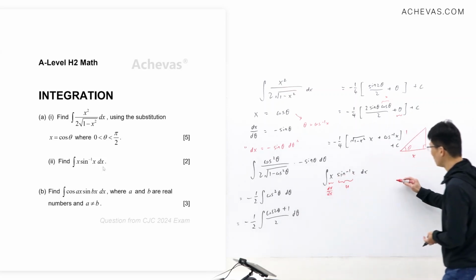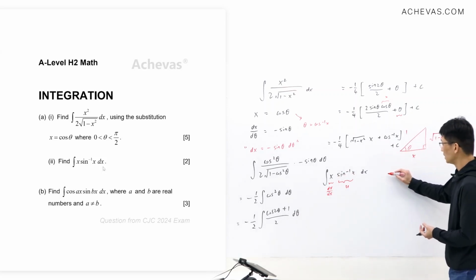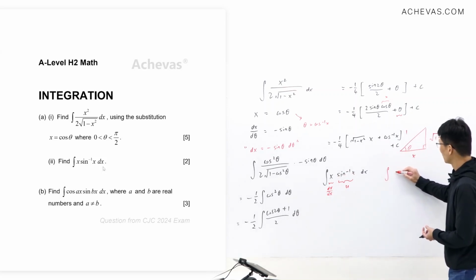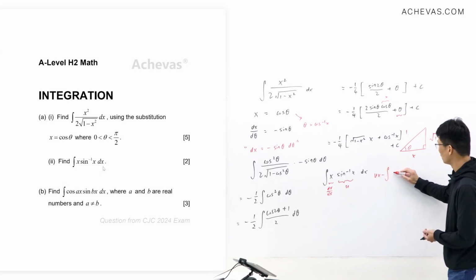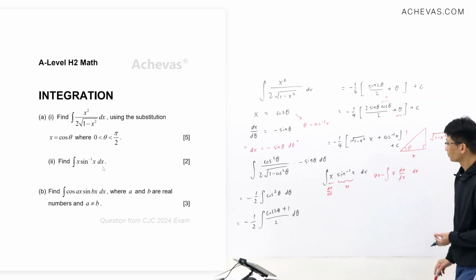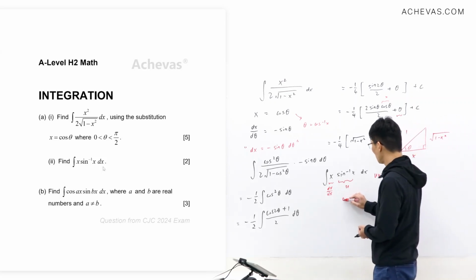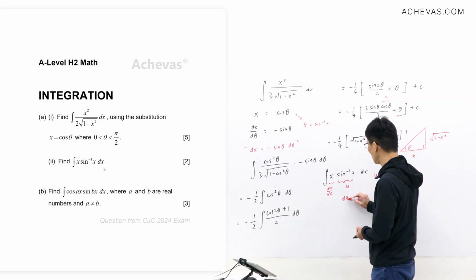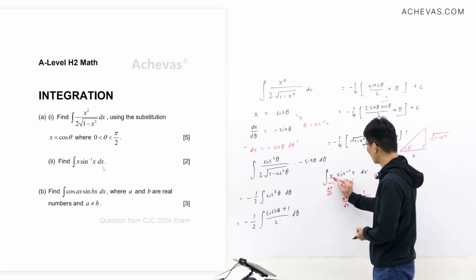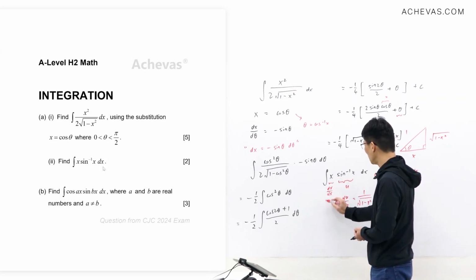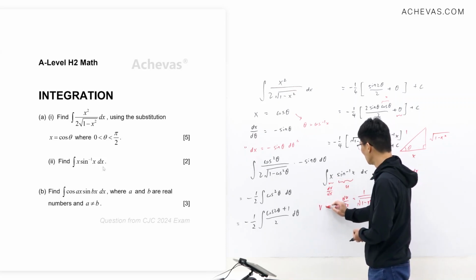We are going to use the formula for integration by parts, which is given by uv minus integration of v du dx. Right, so u is sine inverse x, so du dx is the same as 1 over square root 1 minus x squared. And for dv dx equal to x, when you integrate, you will get v equal to x squared over 2.